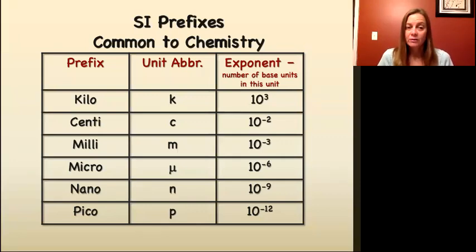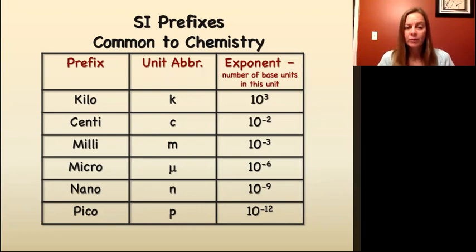You will also need to know centi, abbreviated with a C, and there are 1/100th base units in a centi unit, or 10 to the negative second. You will also need to know milli, abbreviated with a small m, and there are 10 to the negative third, or 1/1000th base units in that unit.